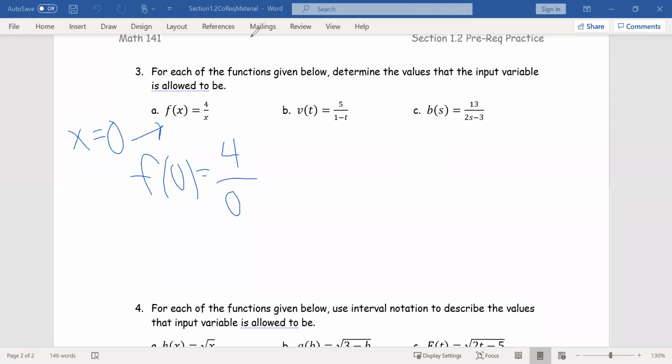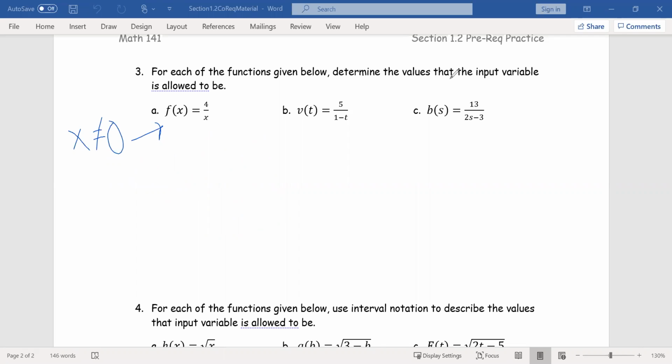And hopefully at this point some alarms start going off in your head, right? Because here, 4 over 0 technically means 4 divided by 0. Is that allowed? No, it's not. Okay, so therefore we cannot have 0 as a value of x. So that would be something that x is not allowed to be here.